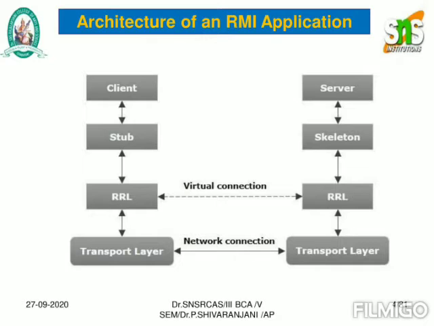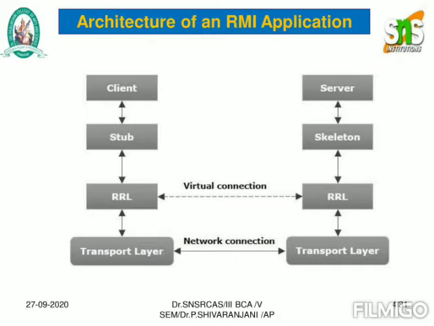With the help of RMI, the client can be located in one location and the server in another. The connection is established using RMI with the help of the transport layer, and the virtual connection is made by the RRL.